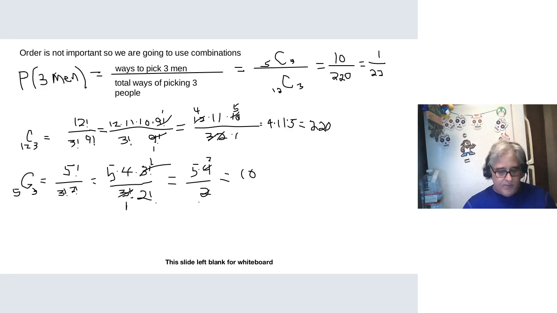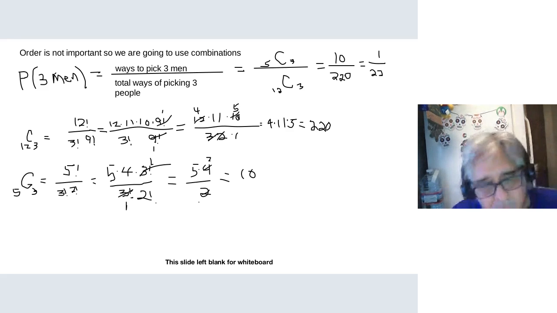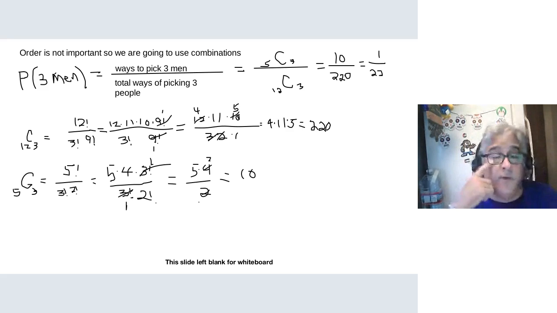It's like 0.0454545, and it repeats. You can't just round it off unless you're told to, because once you round off a repeating decimal, it's an approximation. So you have to be told where to approximate it. All right, any questions about this? Don't be afraid to say anything.